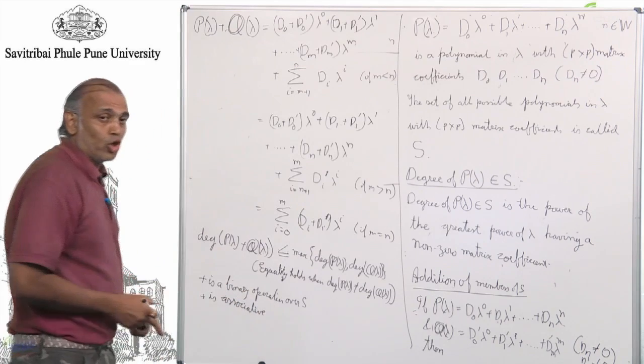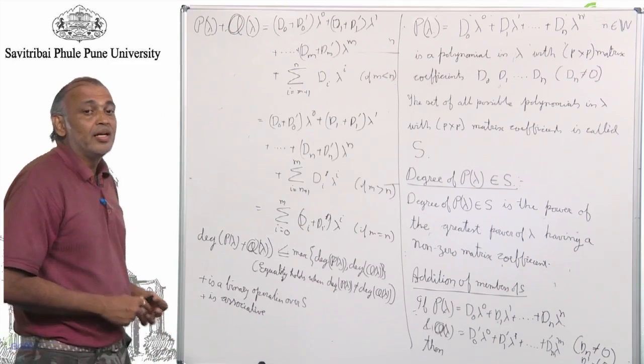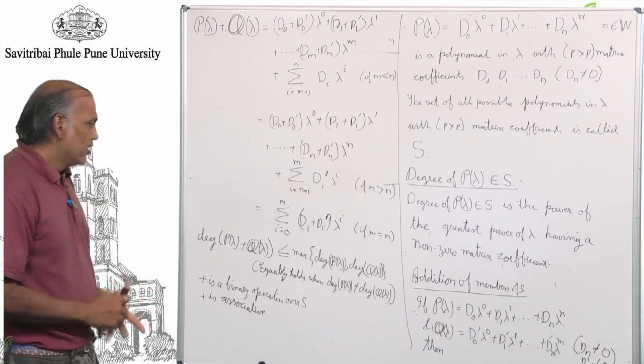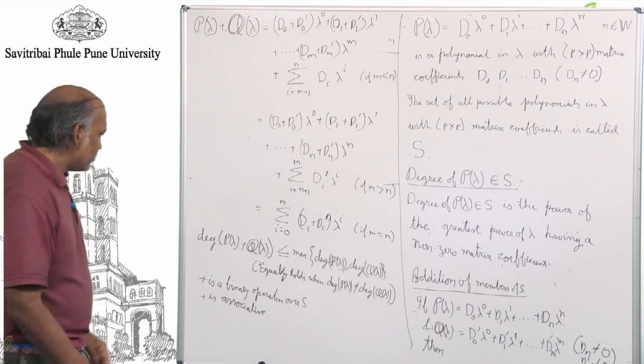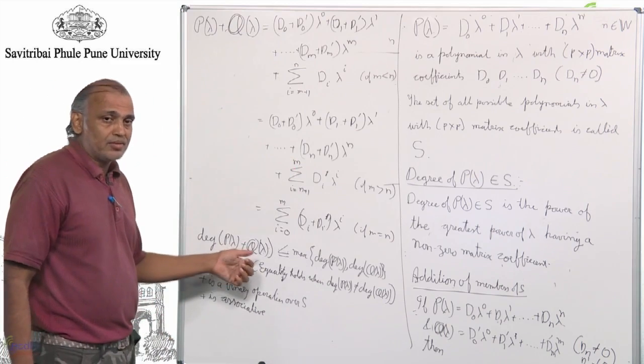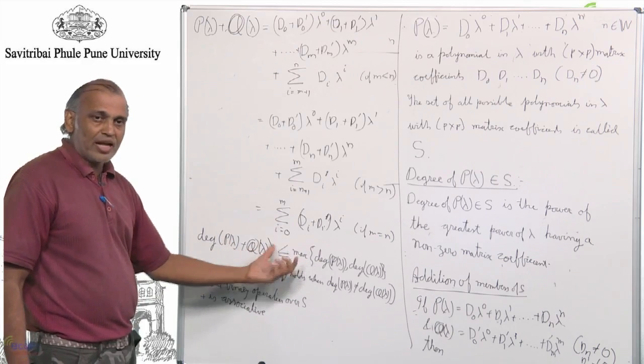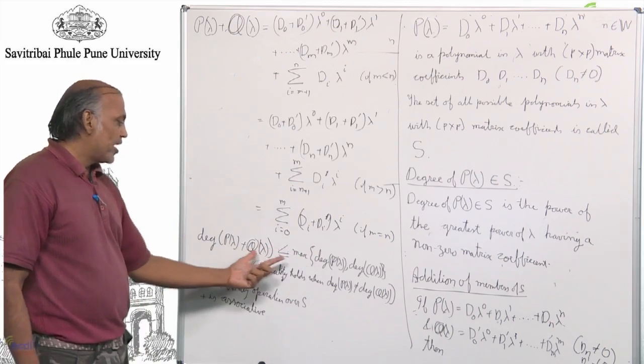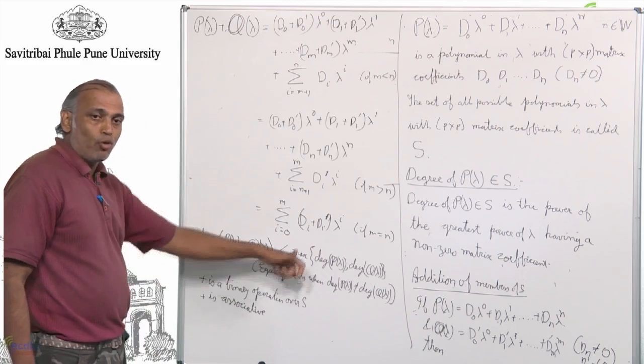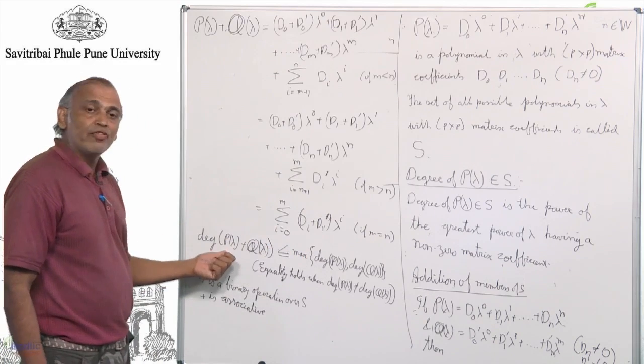Suppose I have three polynomials, p of lambda, q of lambda, and r of lambda belonging to S. I could first add p of lambda plus q of lambda and then add the result to r of lambda, or I could first add q of lambda and r of lambda and add the result to p of lambda.